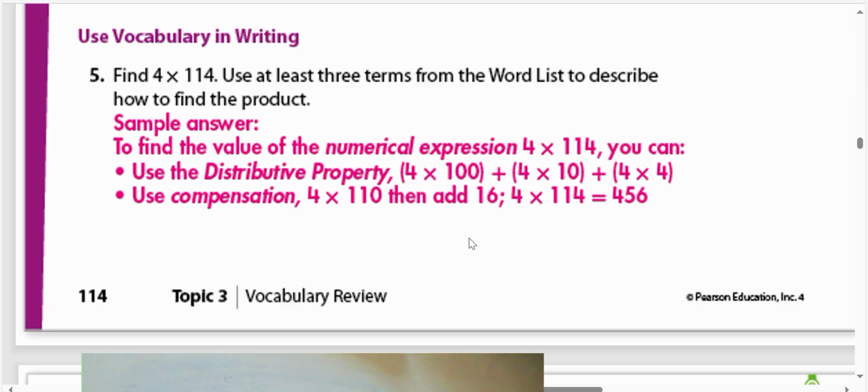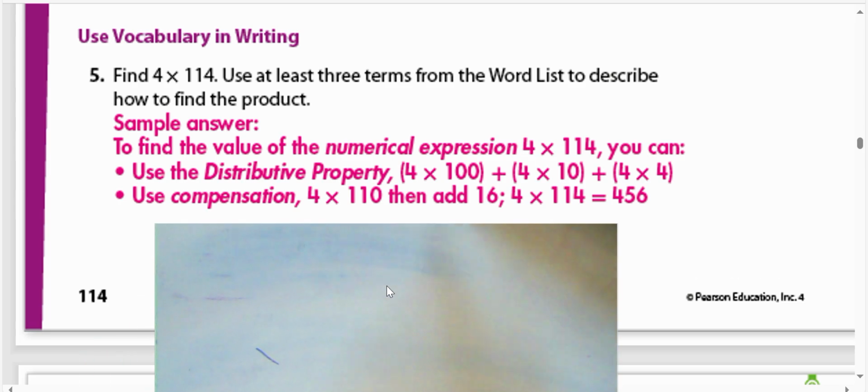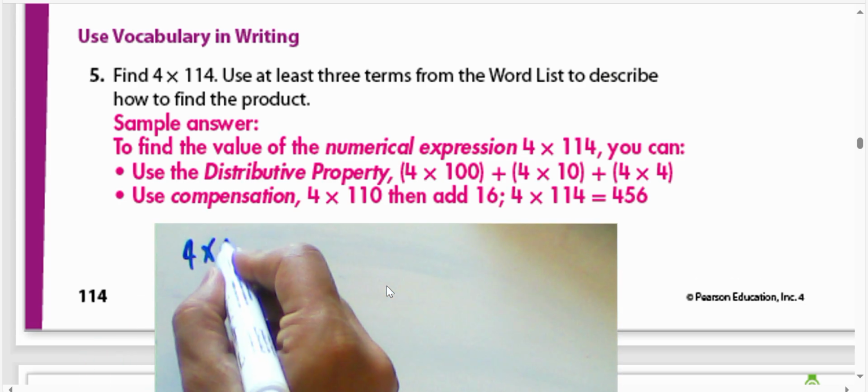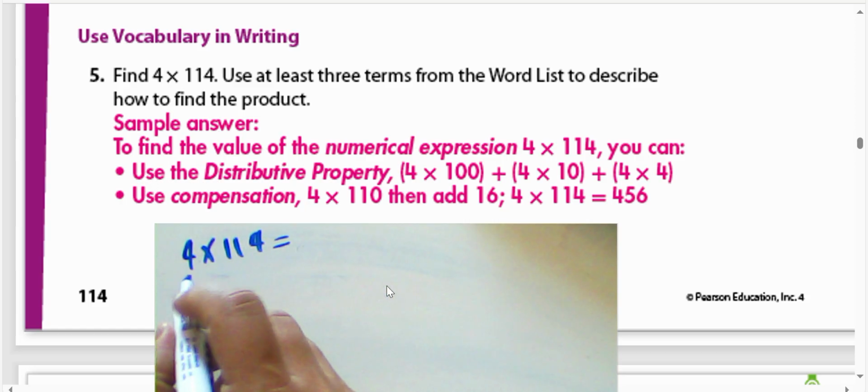Next question: find 4 times 114. Use at least 3 terms from the word list to describe how to find the product. To find the value of the numerical expression 4 times 114, you can use the distributive property. Okay, look here, 4 product by 114.